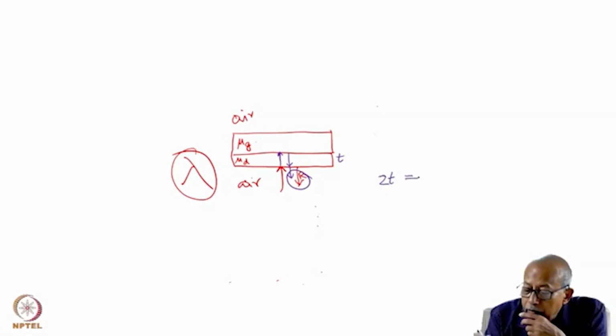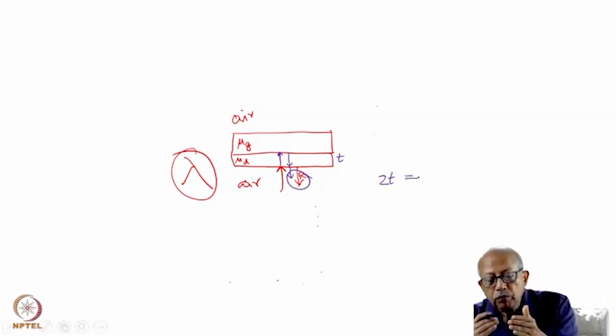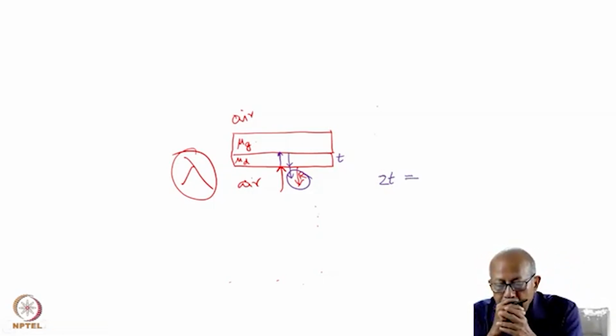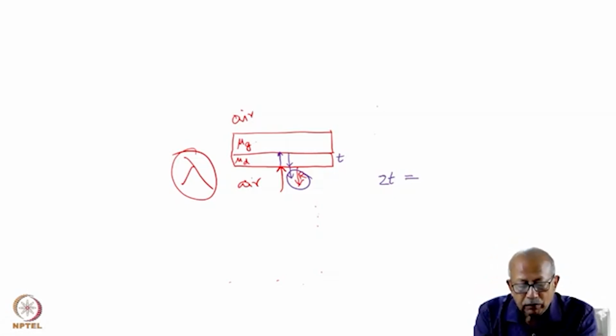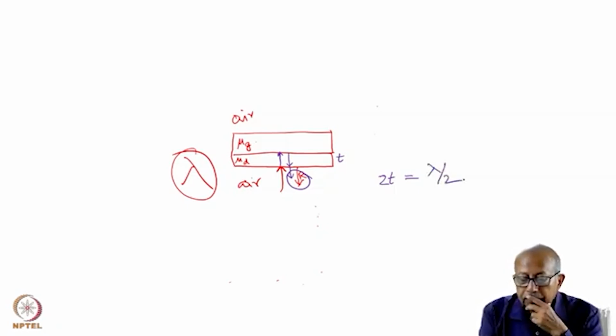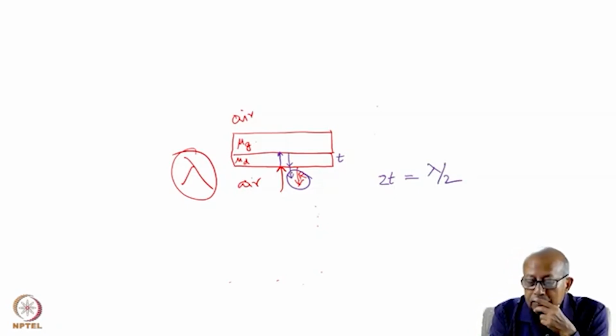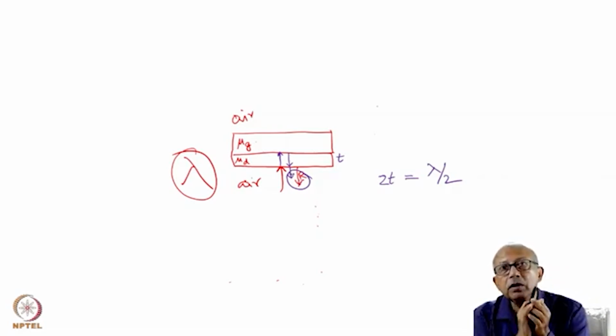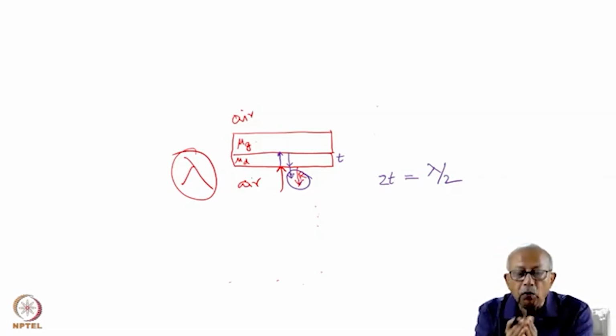Now if we have chosen t in such a way that for this wavelength 2t becomes lambda by 2, that means these two rays will interfere destructively. The two waves, if you see the wave picture, they will annihilate each other.